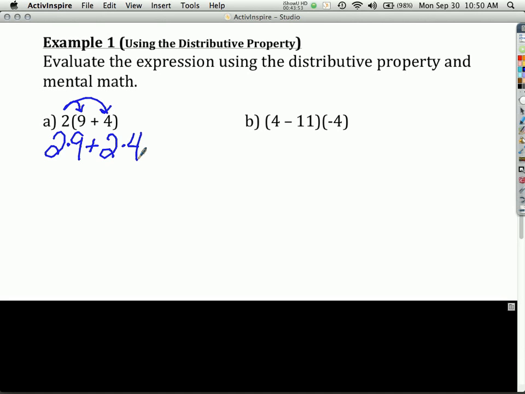Okay, a whole lot of people know. Taylor? 18. And 2 times 4, what do we get? Alex? 8. And 18 plus 8 is 26, which is what we got doing it the other way. So you can see that the distributive property does lead you to the right answer. And today I'm just using it to illustrate this step right here. Questions?